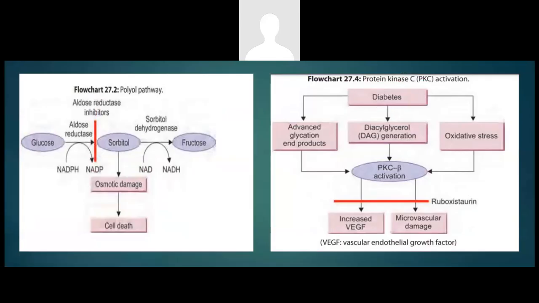As a result, sorbitol is not converted to fructose and gets accumulated inside the cells. This sorbitol drags water from outside, which results in swelling of the cells, that is, osmotic damage of the cells, which ultimately results in cell death.